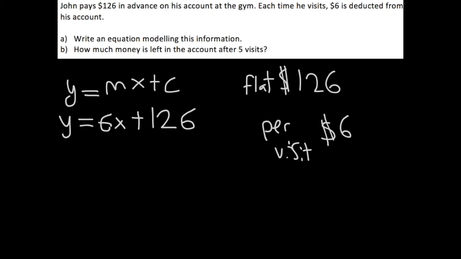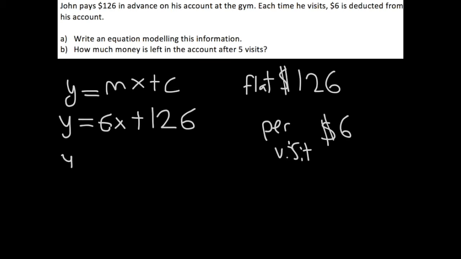But there's a catch right here, because we said that per visit $6 is deducted from the account. So this is different from our last question, right? Because in the other times we were actually adding money, but in this instance we're actually going to be subtracting money every time John goes.